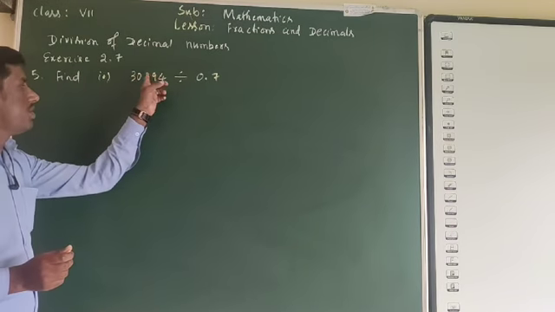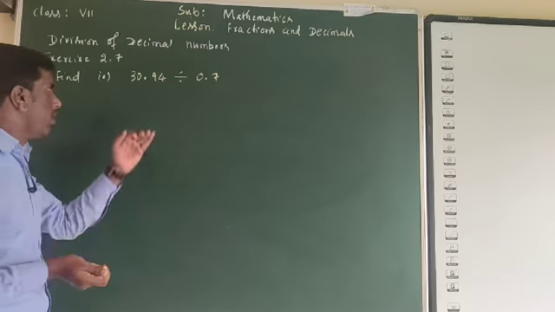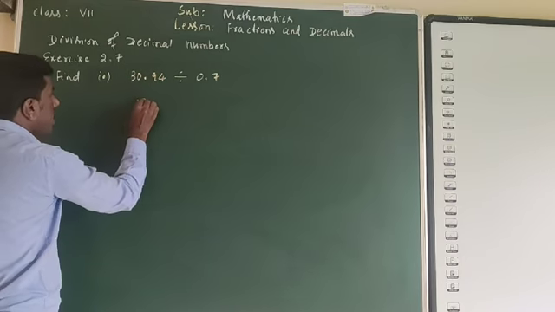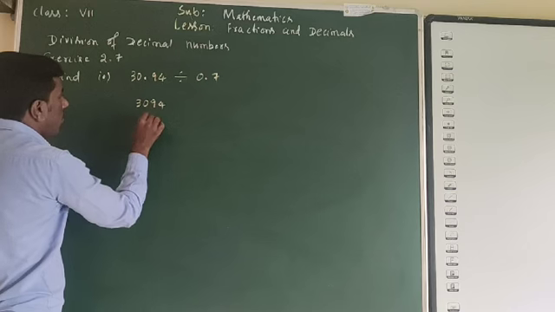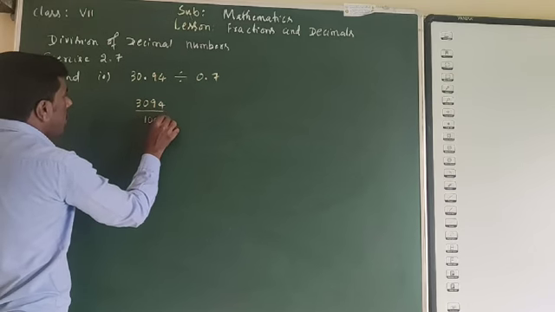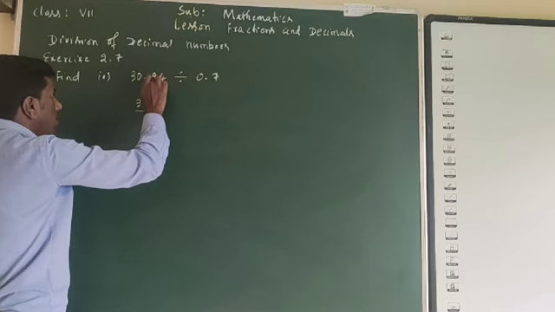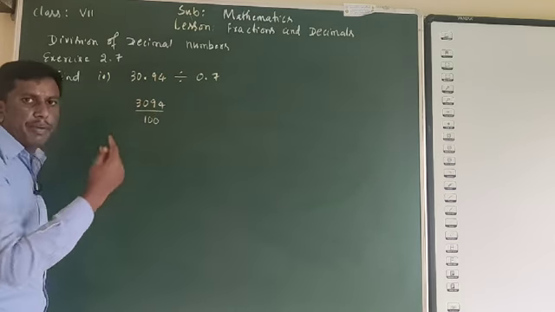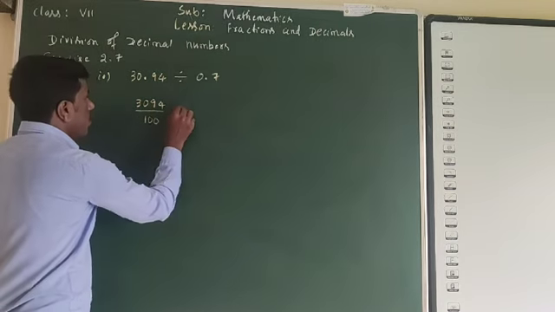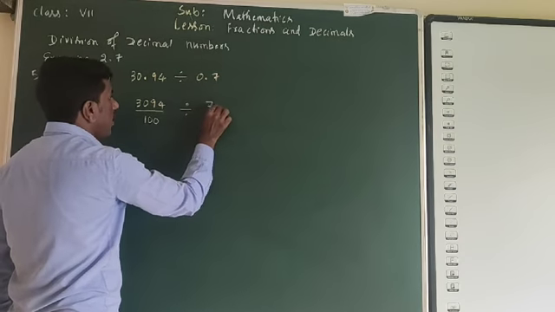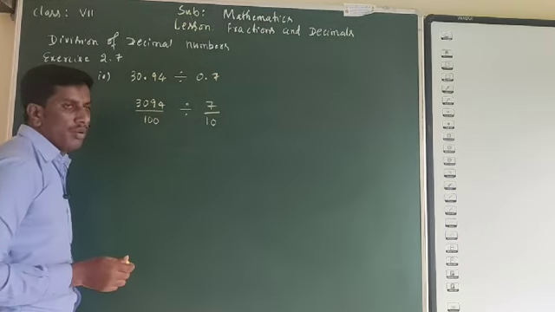Division of a decimal number by a decimal number, converting to fraction form. 30.94 can be written as 3094 divided by 100, because I am having a decimal point here. We bring 2 places at last, 1, 2. So I will be dividing by 100. Okay. So for 0.7, I should bring only 1 place. So 7 by 10. Okay.